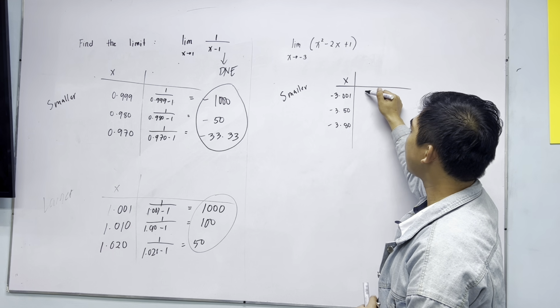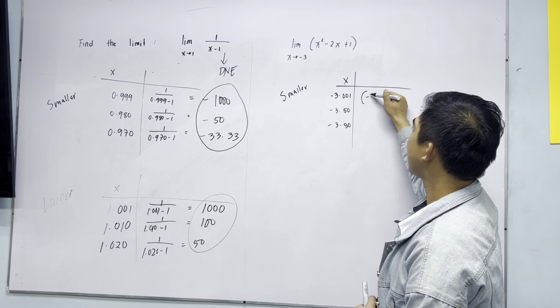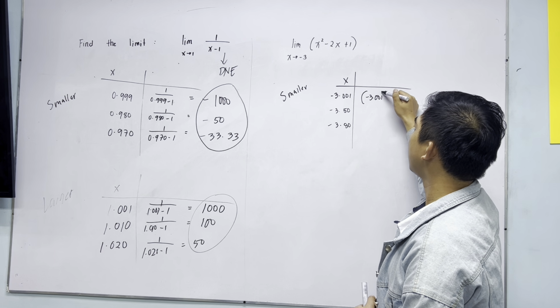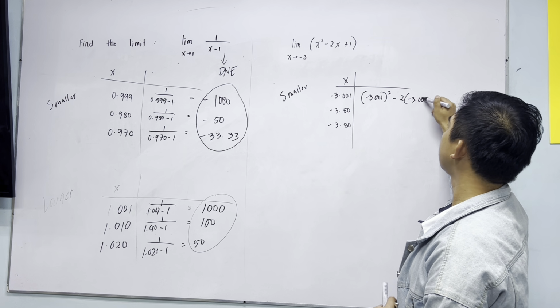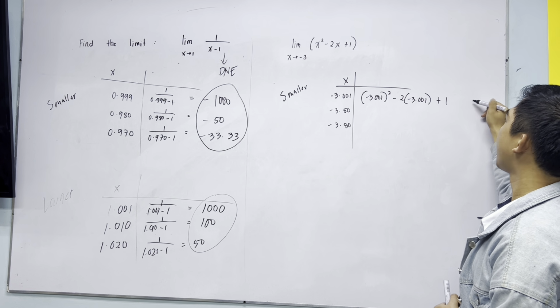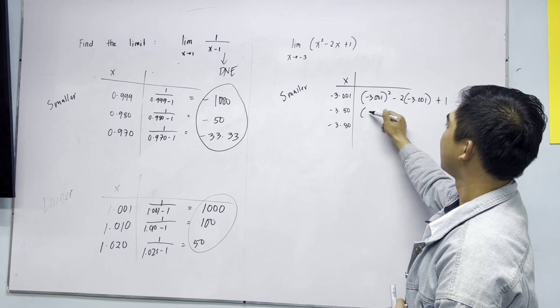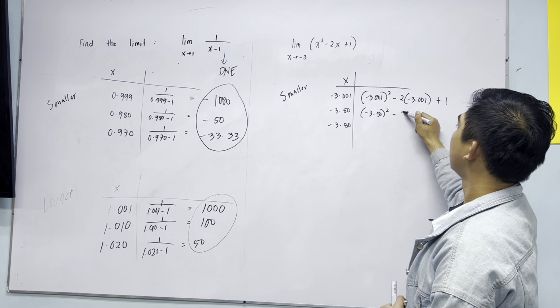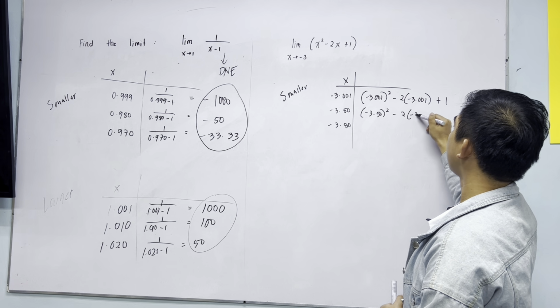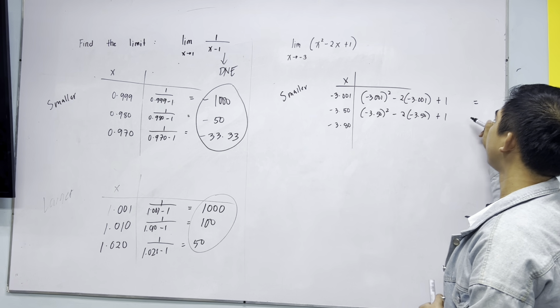Sa calculator, dapat ilagay natin negative 3.001 raised to 2, minus 2 times negative 3.001 plus 1. Negative 3.50 squared minus 2 times negative 3.50 plus 1.